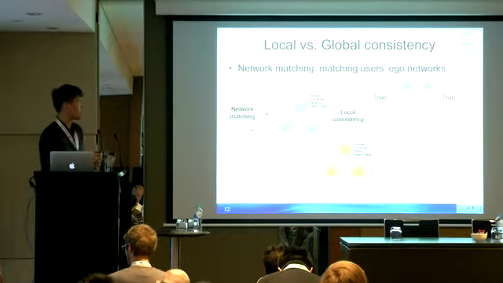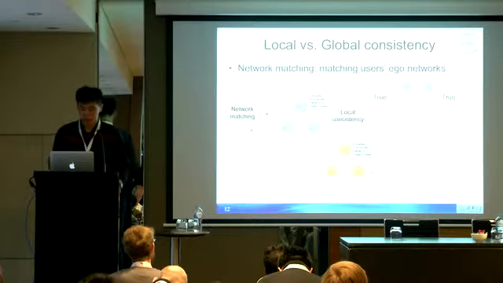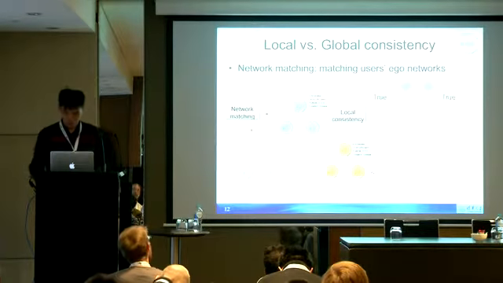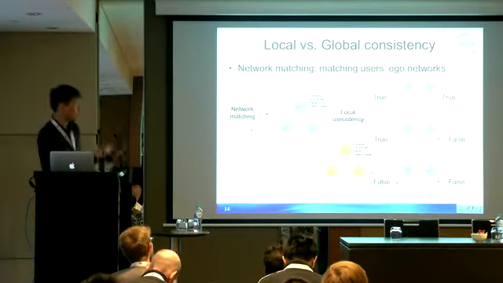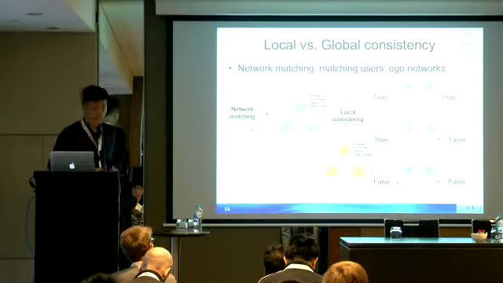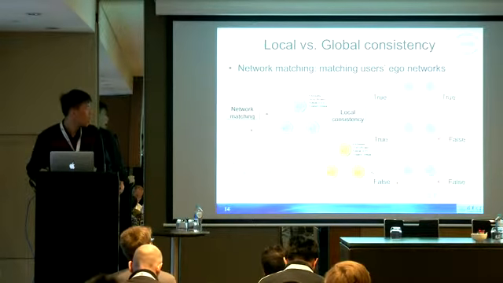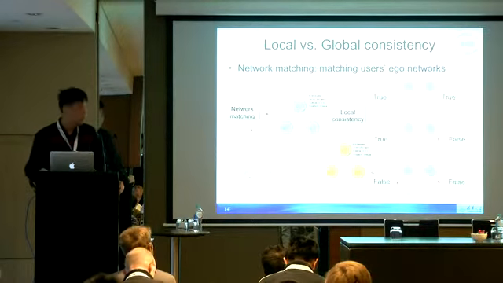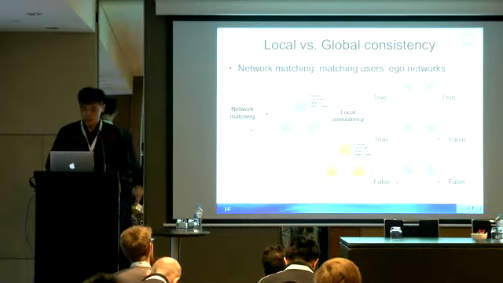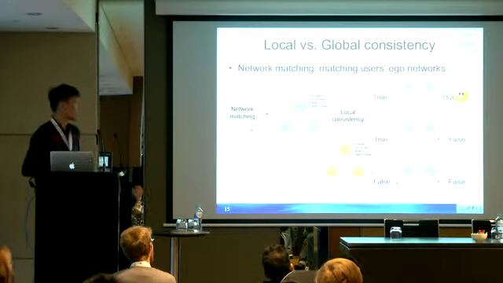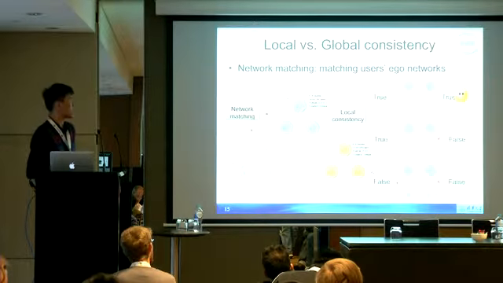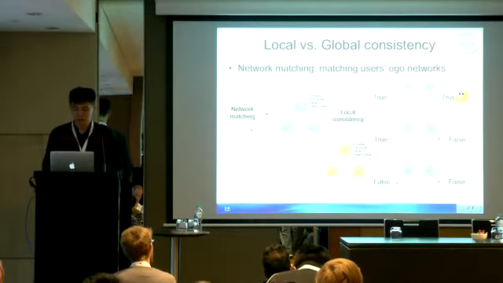These are 2 potential matchings. They have 3 possible configurations of the labels. They can either be both true, or one of them true, or both of them false. Among these 3 configurations, we prefer this one to appear in our final result.